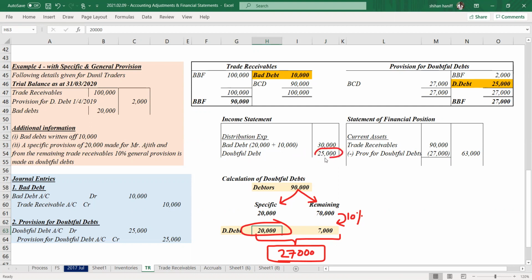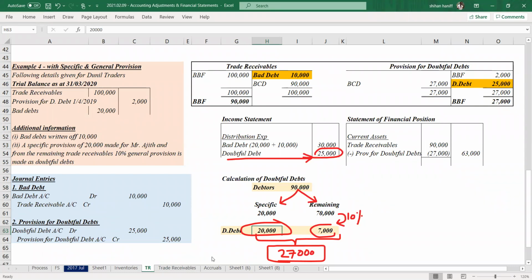Yeah, this 25,000 is available. Like from this 7,000 only, that additional 5,000 comes. Right, so already in distribution expense, the specific provision has been taken. We have taken the specific provision.